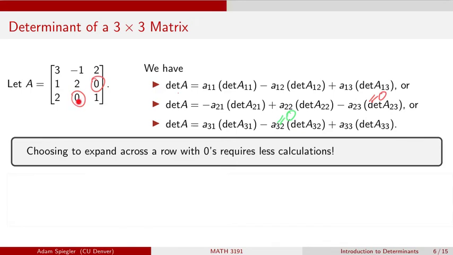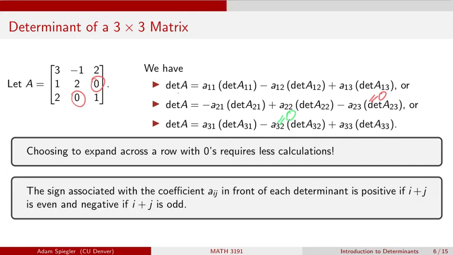And for row 3, because entry A32 was 0, we don't care what the determinant of submatrix A32 is. So if we choose to go across rows that have zeros in them, that's going to require fewer calculations. And because we have different ways of doing it, we can choose whichever row that we want. This means there may be faster ways of doing this, and there may be slower ways of doing that.